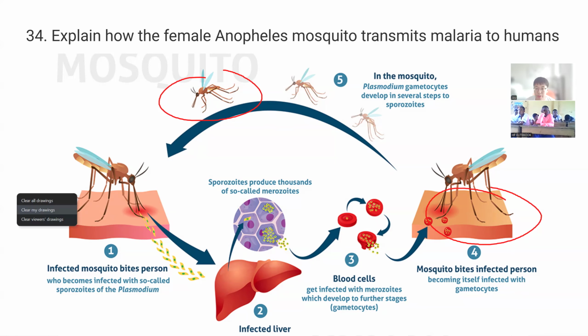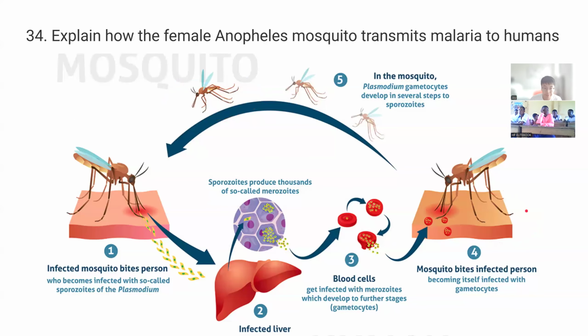So just be familiar with this general cycle of how mosquitoes transmit malaria because the test might ask you a couple of these questions. Just be familiar with the general steps.